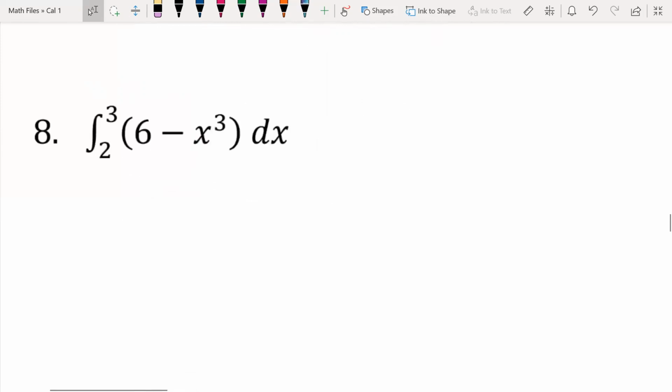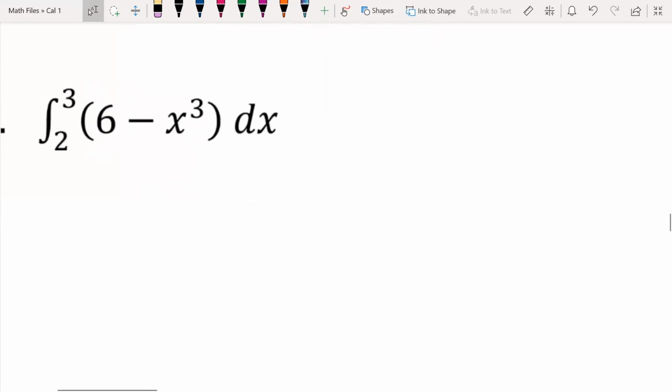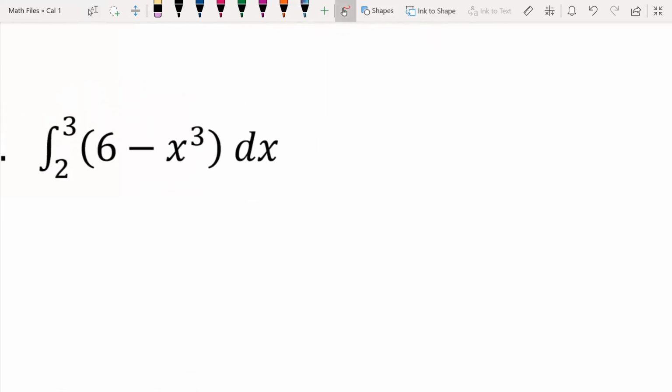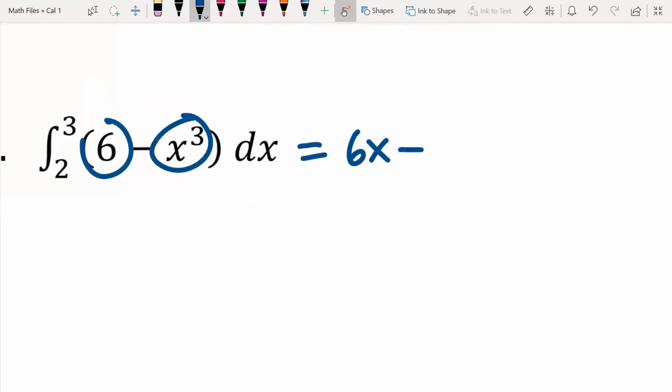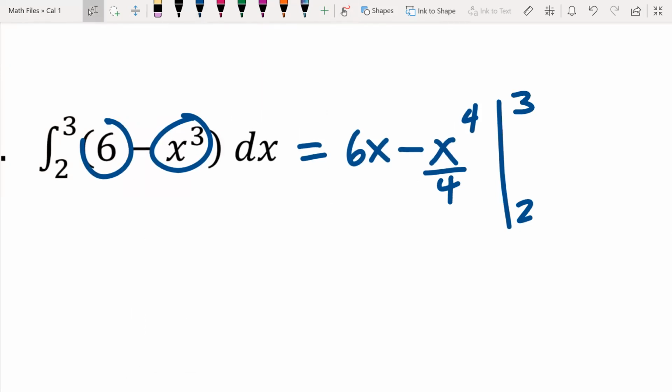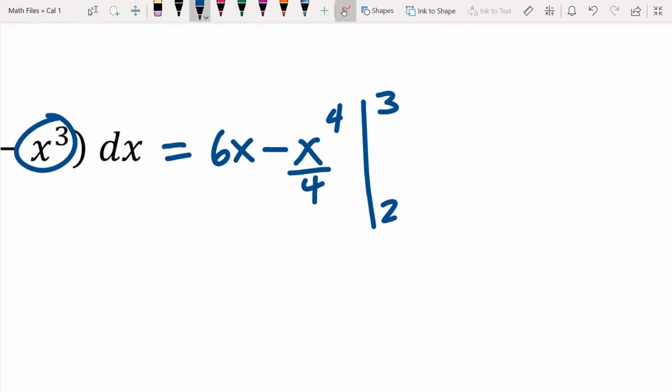Again. The integral from 2 to 3 of 6 minus x cubed. All right. So antiderivative of 6, 6x, minus antiderivative of x cubed, x to the 4 over 4, evaluated from 2 to 3. Okay.